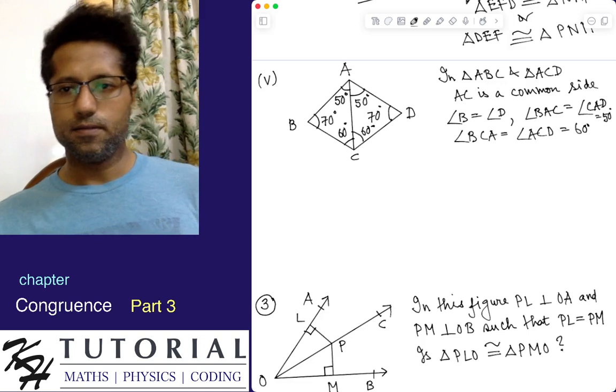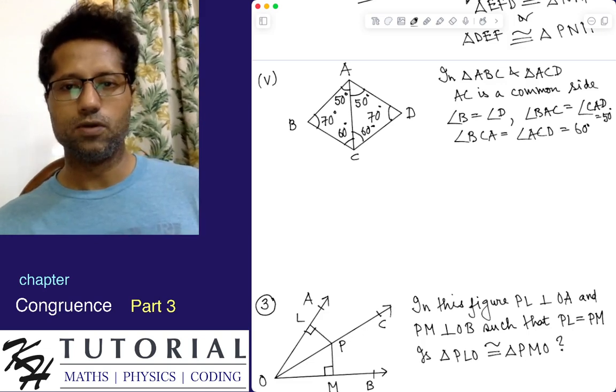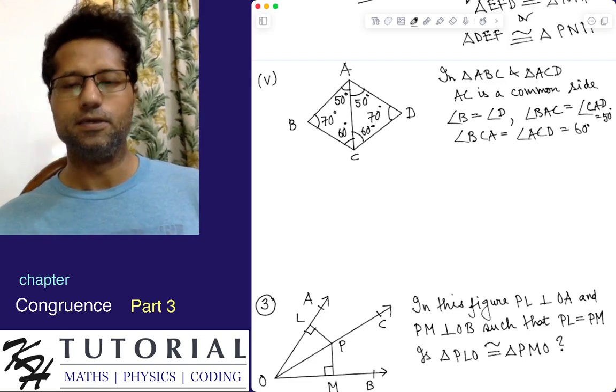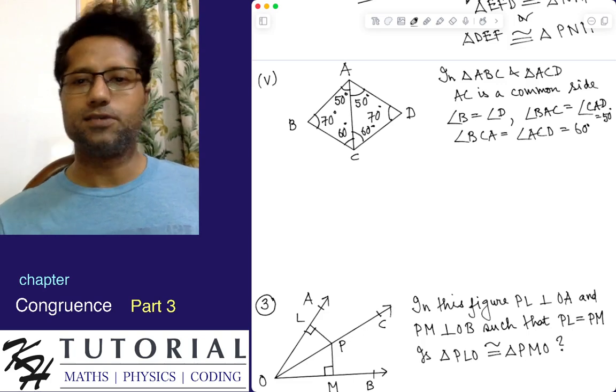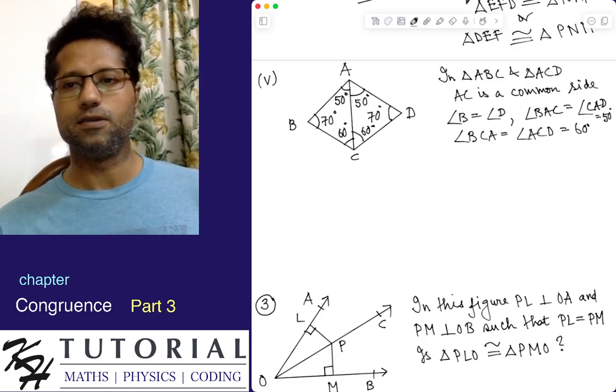So we can see that the three angles of triangle ABC are equal to the corresponding angles in triangle ACD, but that is not establishing the fact that triangles ABC and ACD are congruent.